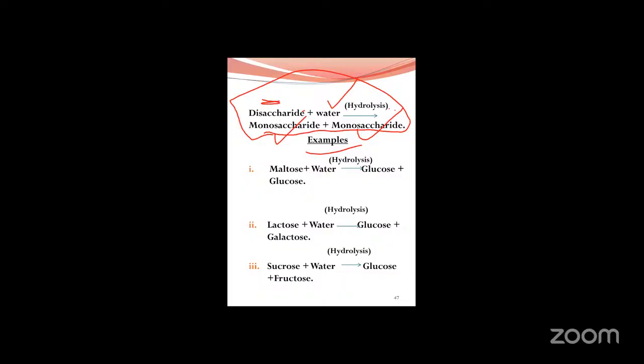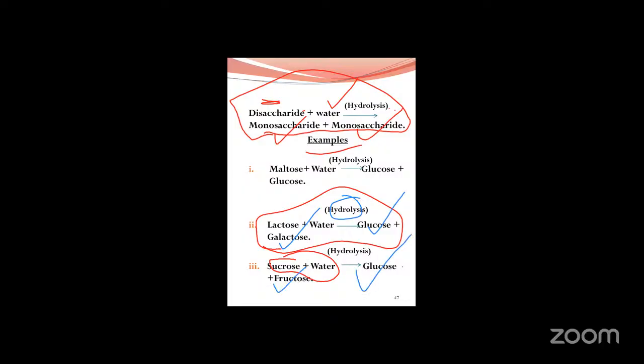If you took lactose and broke it down in presence of water, it would give you the constituent monosaccharides which were used to make lactose, that is glucose and galactose. So when you break down lactose in presence of water through hydrolysis, you get glucose and galactose. When you take sucrose and break it in presence of water, it will give you the monosaccharides that make up that sucrose, which is glucose and fructose.